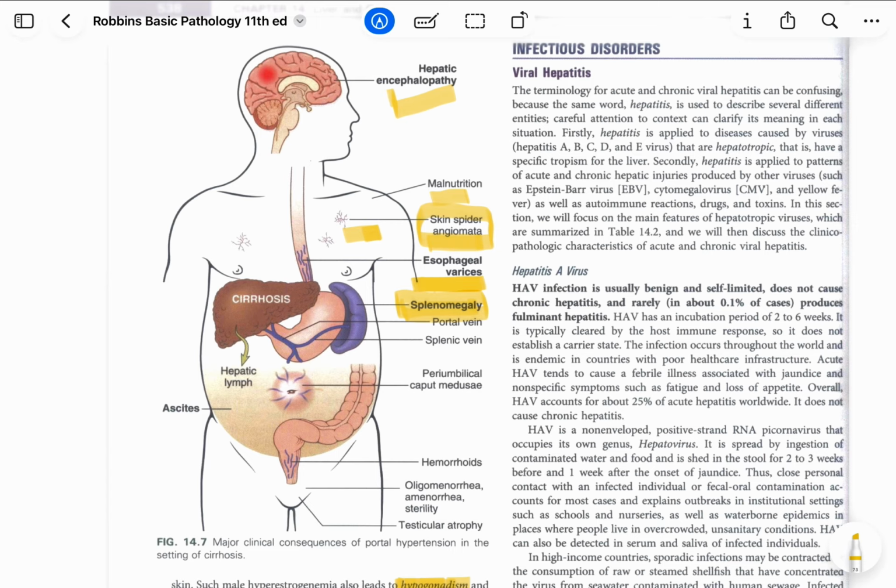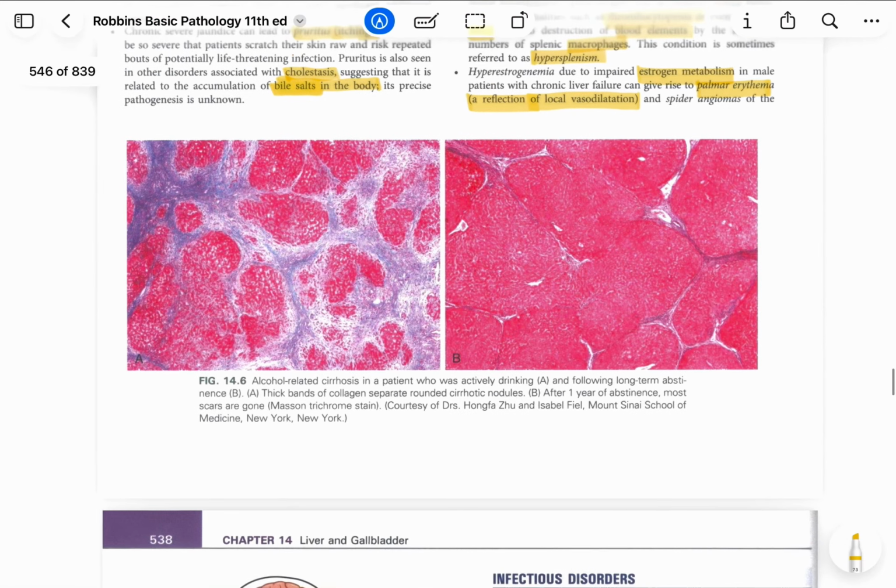There will be portal hypertension, and here also there will be periumbilical veins called caput medusae. There will be ascites and hemorrhoids, oligomenorrhea, amenorrhea, and sterility in case of females, and testicular atrophy in male patients. So these are all signs and symptoms due to cirrhosis.